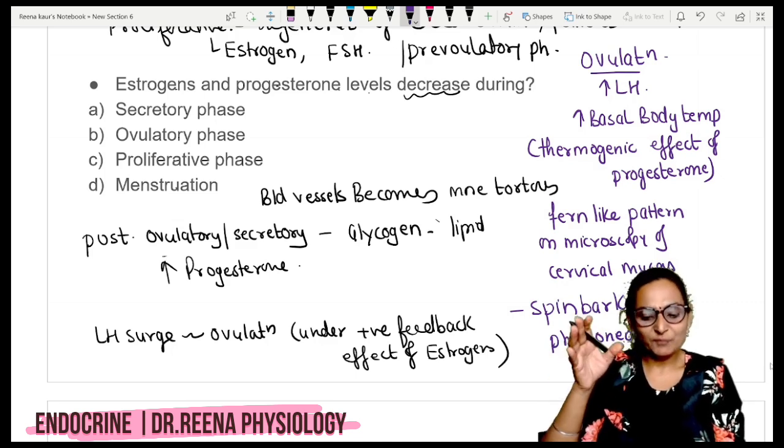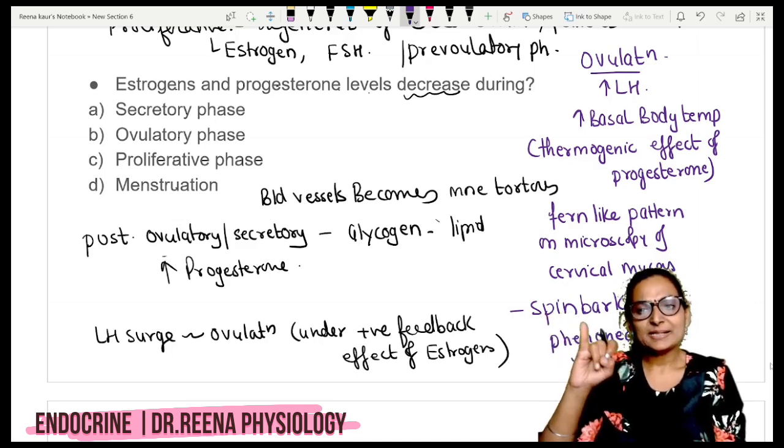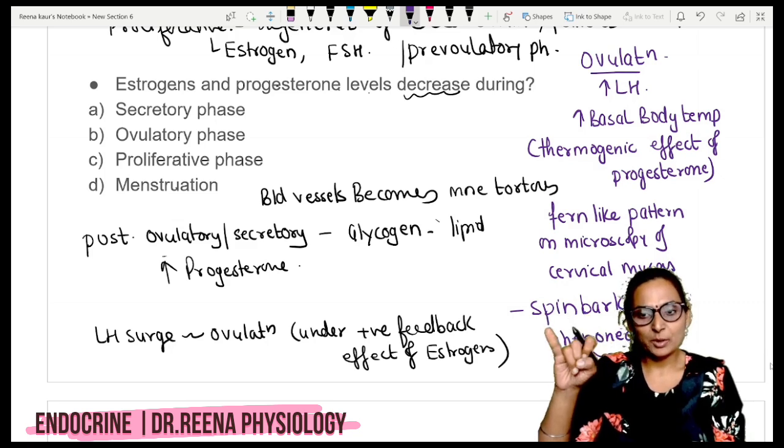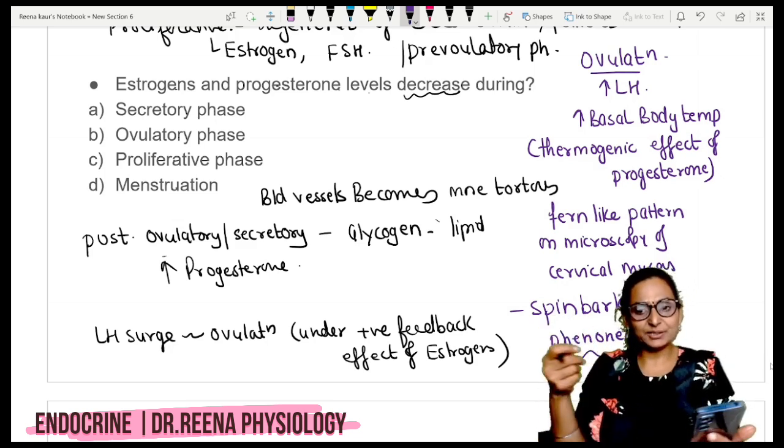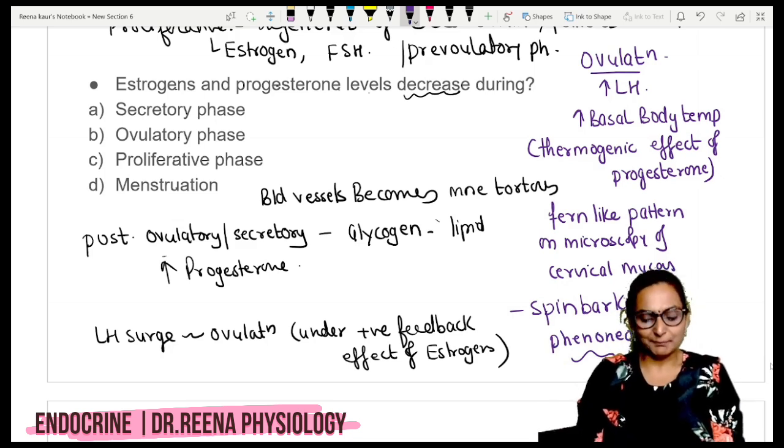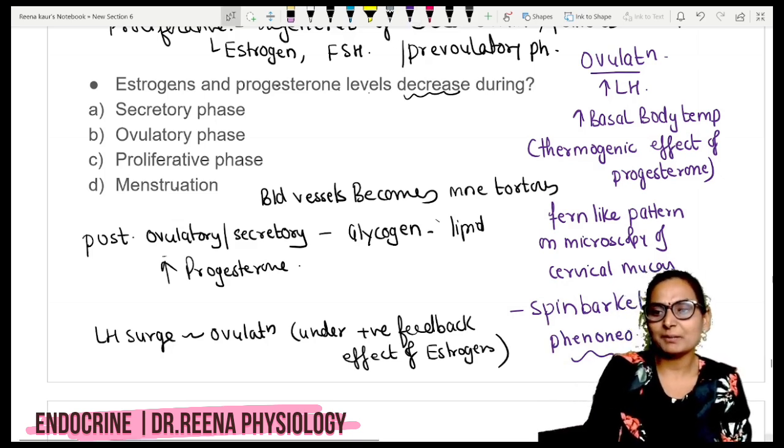So the indicators of ovulation are increase in the basal body temperature because of progesterone, increase in LH, a fern-like pattern on microscopy of the cervical mucus, and elasticity or stretchability, called the spinnbarkeit phenomenon.